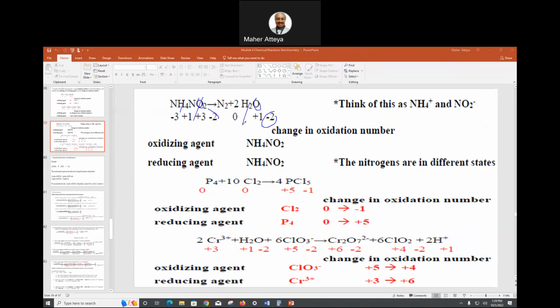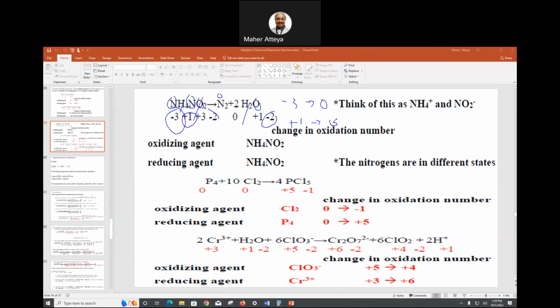One of them is going from -3, because we have 2 nitrogens here, 1 and 2, from -3 to 0. The other one goes from +3 to 0. And hydrogen and oxygen are not changing.